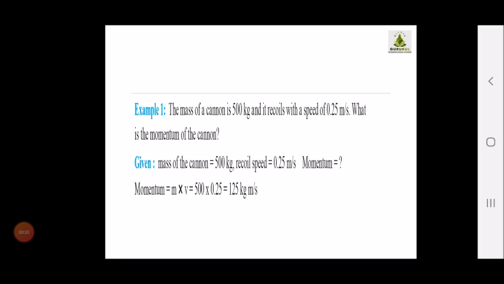Momentum is equal to mass into velocity. So when you multiply 500 by 0.25, your answer will be 125 kilogram meter per second. So this is the momentum of the cannon.